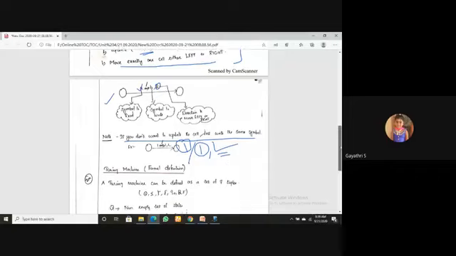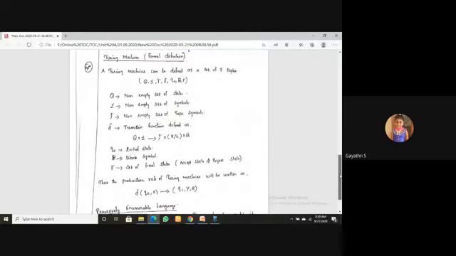The last part, as usual, is the Turing machine formal definition, an important 2 mark question. You already know that if they ask for the definition, you have to write the tuples. A finite state machine has 5 tuples, and a pushdown automaton has 7 tuples. Like the PDA, a Turing machine also has 7 tuples. Q is the set of states, sigma is the input alphabet or set of symbols, and tau is the non-empty tape symbols.